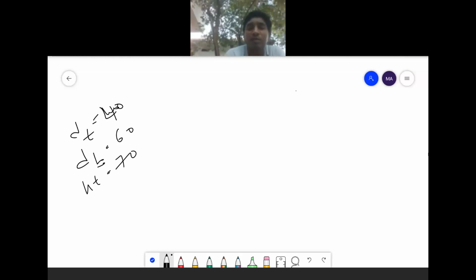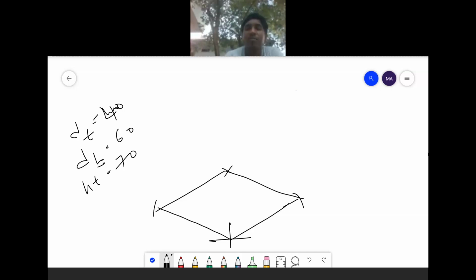First, I am marking 30 degrees on this side, 30 degrees on this side, and again 30 degrees on each side. Then I am cutting 60 here and 60 here. Why I am cutting 60? Because the base diameter is 60, so I am taking 60 here.